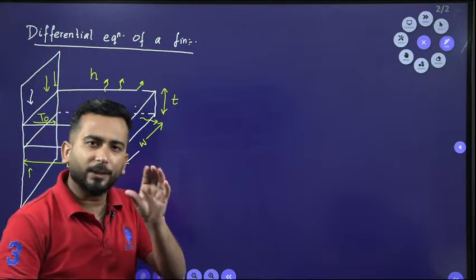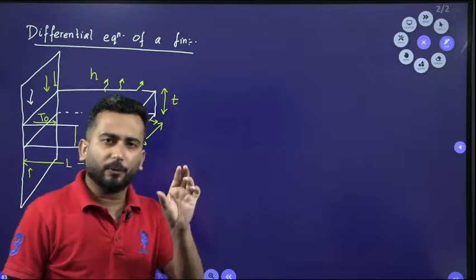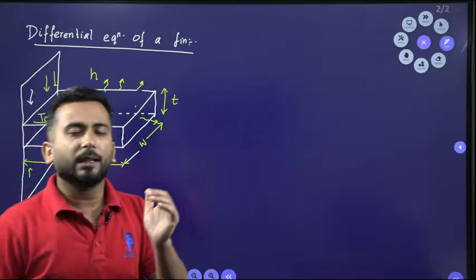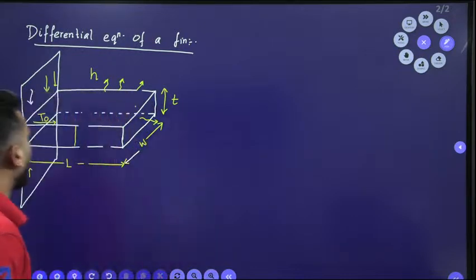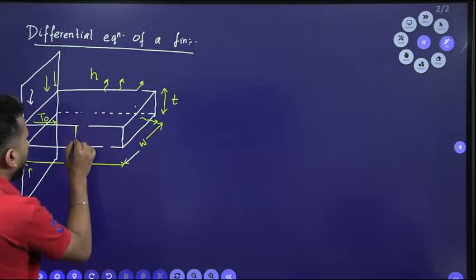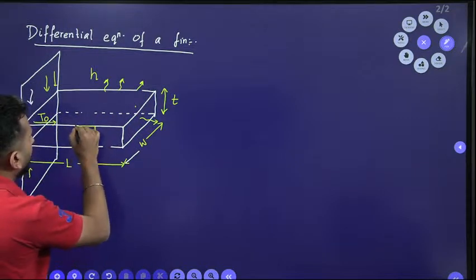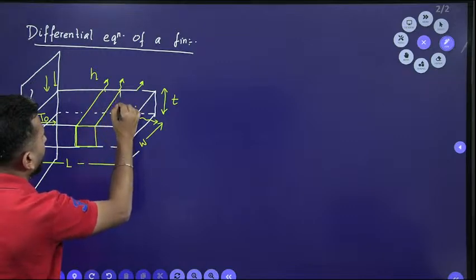So I will need to analyze a small portion of the fin, and I will apply the energy conservation criteria over there, and based on that, whatever comes we will check. So for example, I am trying to analyze this portion of the fin.